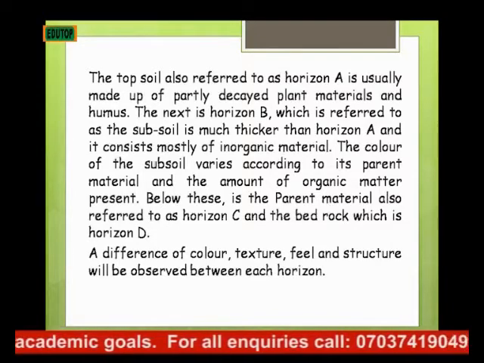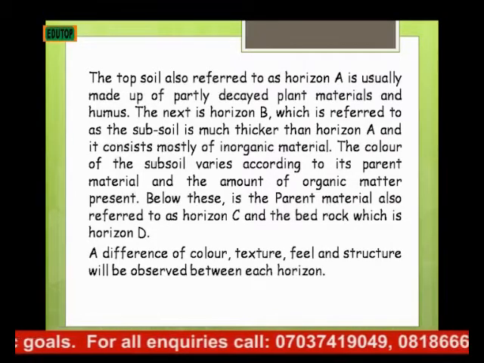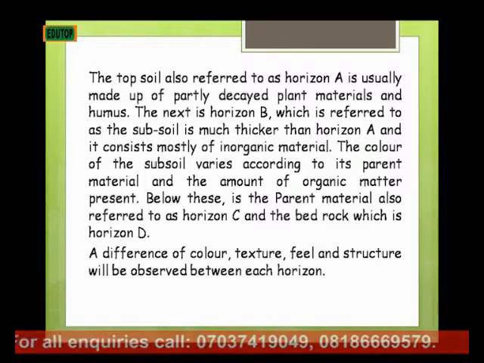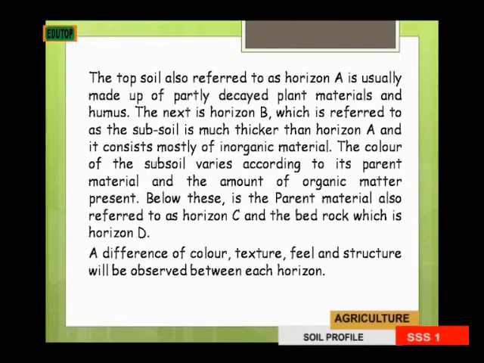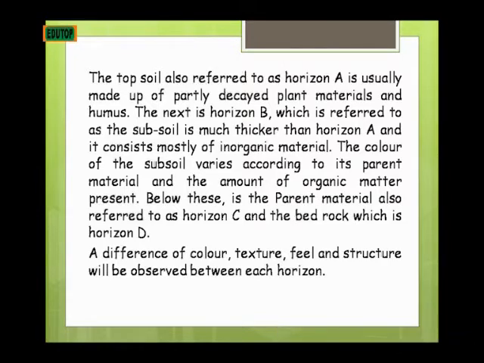Each horizon is made up of different sizes of particles and different minerals also. And it is the topsoil, horizon A, which is suitable for agricultural purposes, and it is the one that is rich in nutrients needed by plants, while the other horizons are just there. The plant derives most of its nutrients from horizon A.